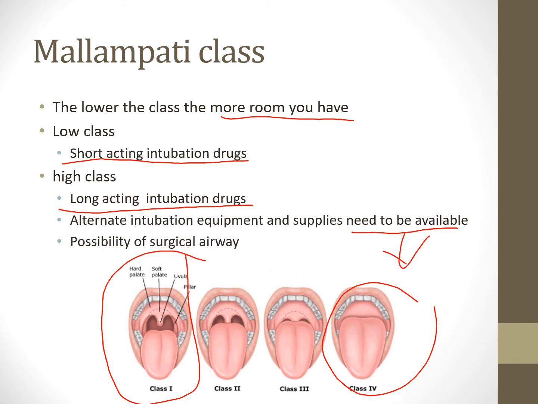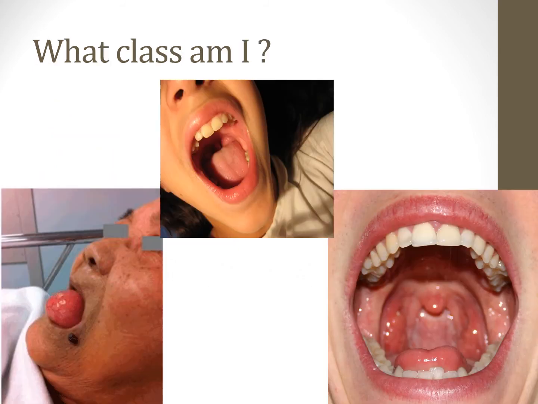And then we also just need to be aware some of these patients might need a surgical airway, just to make sure that we have that available if we attempt an intubation but are unable to get it, especially if we're using long-acting paralytics. We might have to do a surgical airway like a bedside perc or a cric, but usually we just go for the perc because that was almost just as fast for a lot of our patients.